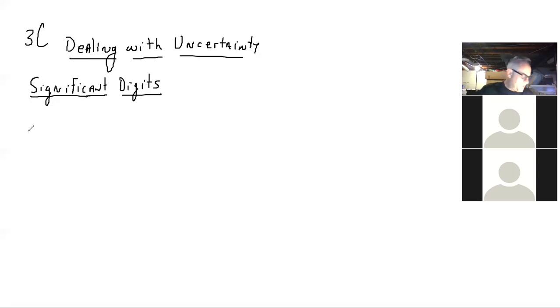Let's summarize it out. For any number, non-zero digits, that is 1 through 9, are always significant.